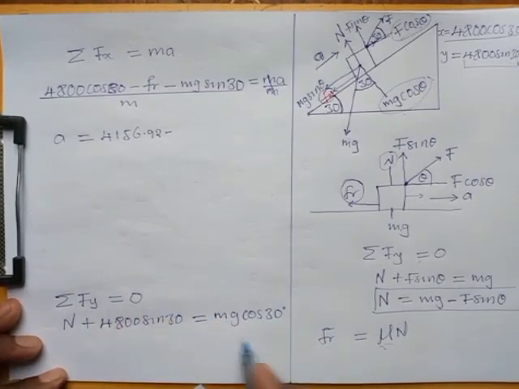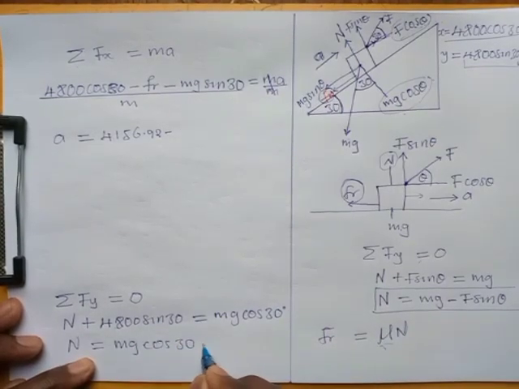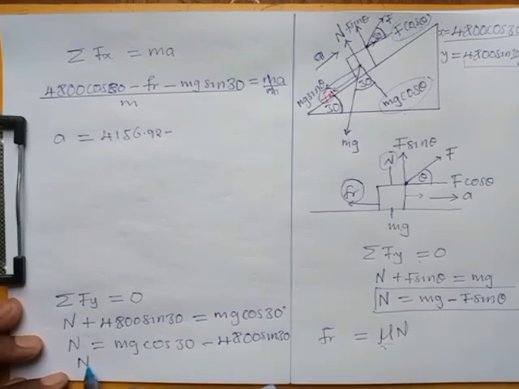So this one can go to my left hand side. I'll say normal is going to be equal to mg cos 30 minus 4,800 sine 30. So we can do calculations here.